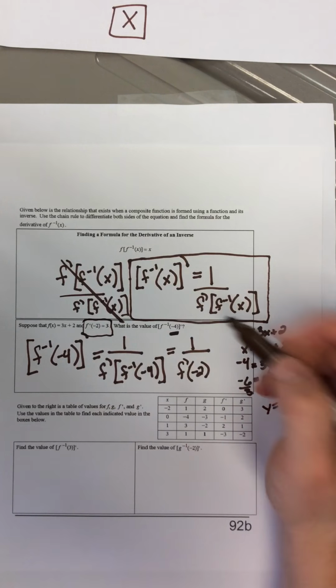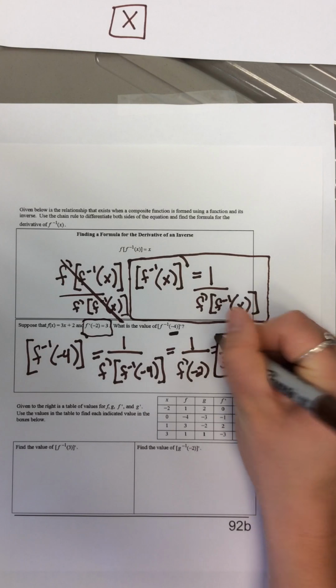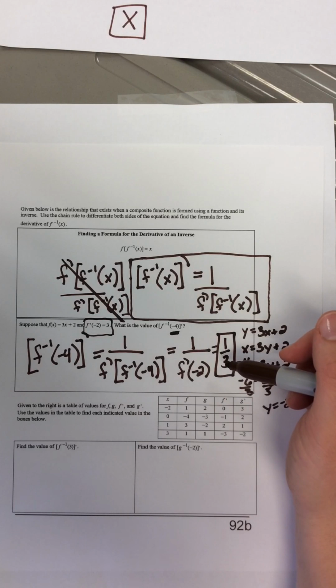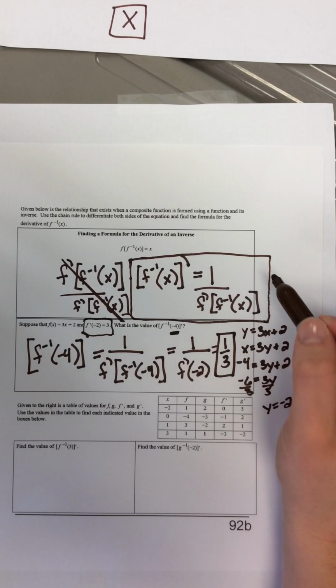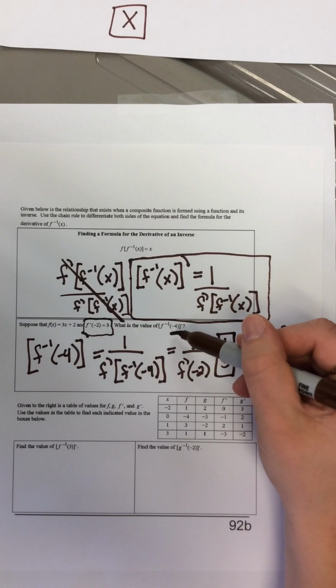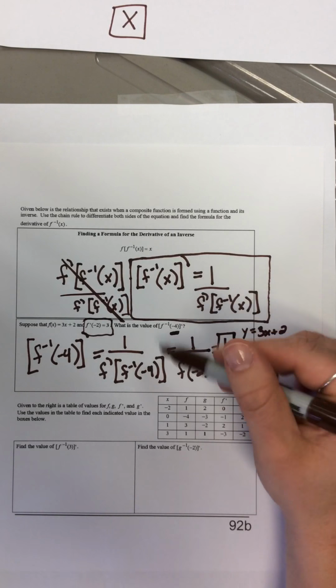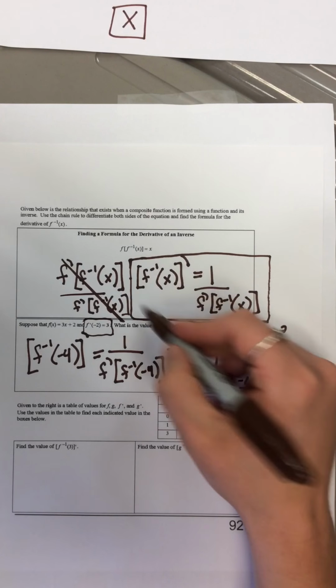You see how I've got that value here? So I can just substitute in what they've given me, and I get 1/3. So it's really strange, but what we're finding is the slope of the tangent at x equals negative 4 for f inverse. So it's a strange way to put this, but I can find out that my answer is 1/3 by using this formula.